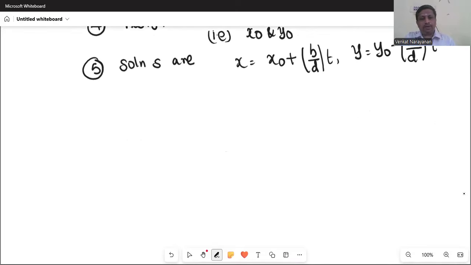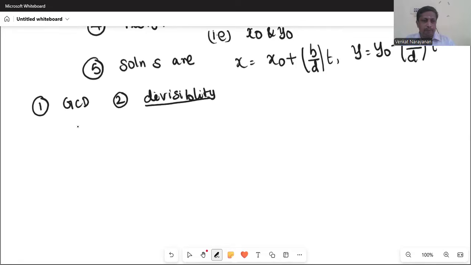In this concept, we discuss two things: first GCD, and second divisibility. First, we should understand the concept of divisibility and GCD. What is divisibility? Suppose a and b are two numbers.